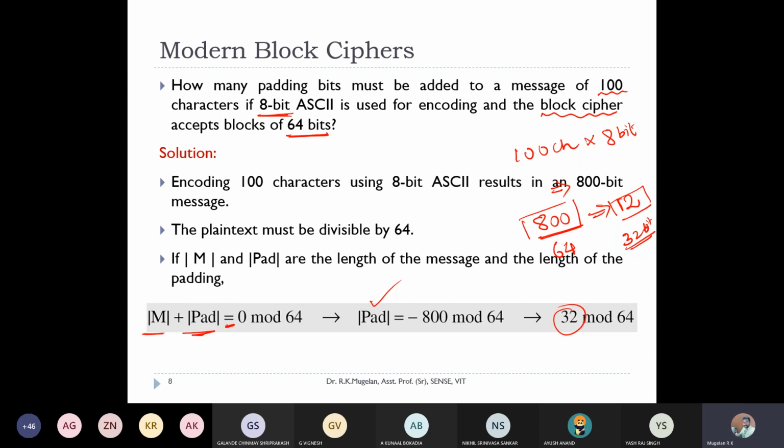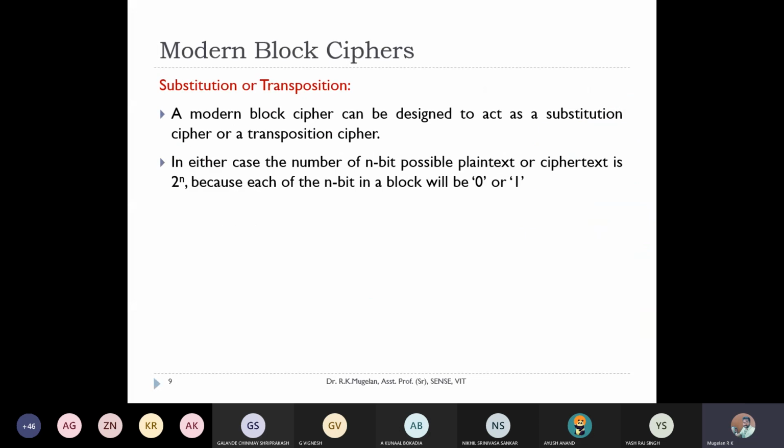Now you have an idea why people prefer block ciphers compared to stream ciphers. Now there's a debate whether you have to go with a substitution or a transposition type of encryption technique in modern day scenarios. We already came across what substitution cipher and transposition cipher mean.